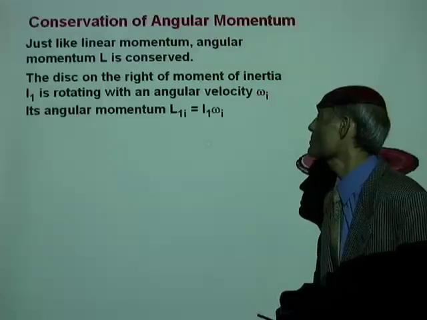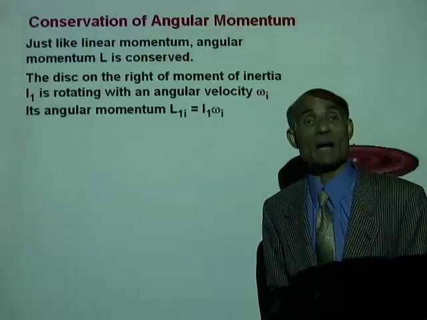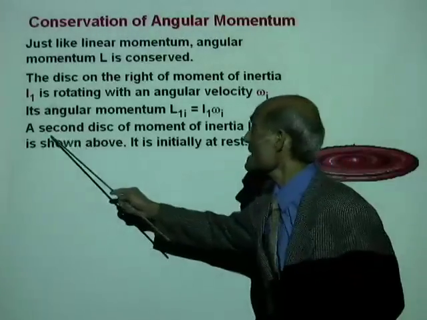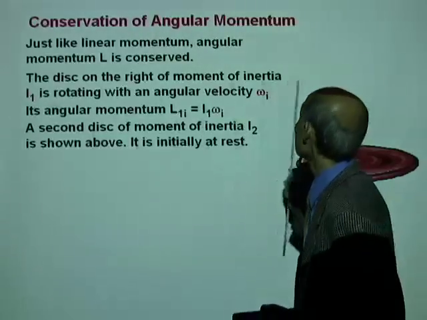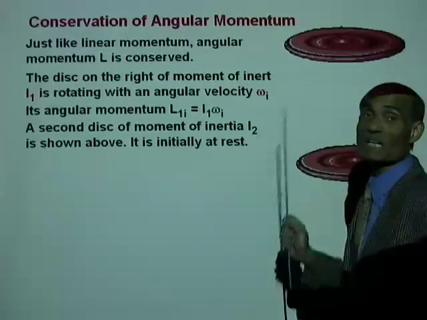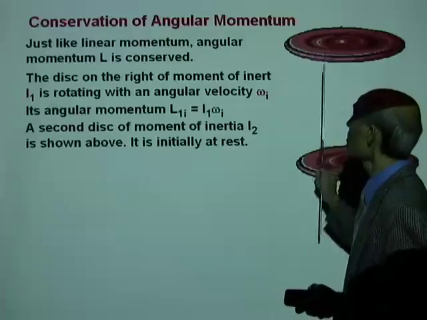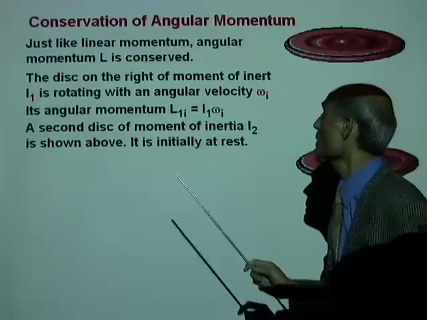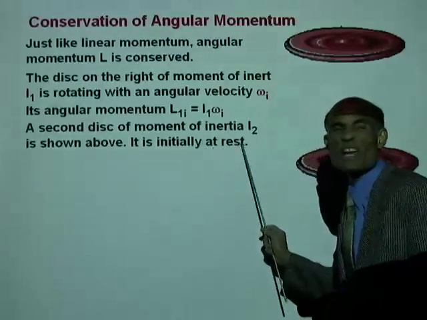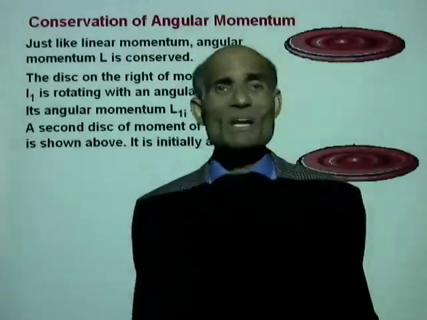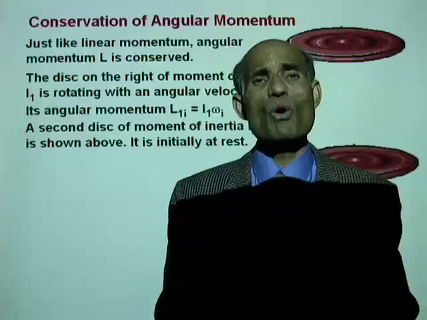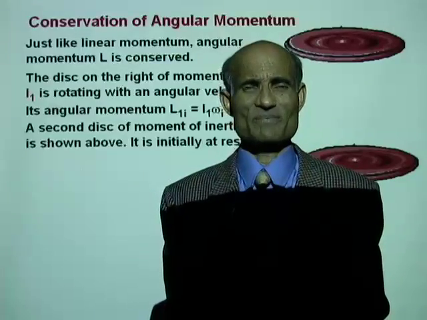L1I equals I1 omega I. A second disk of moment of inertia I2 is shown above. Here it is. Now this has a moment of inertia I2 and it is initially at rest. Now, have you ever seen one of those old record changers?